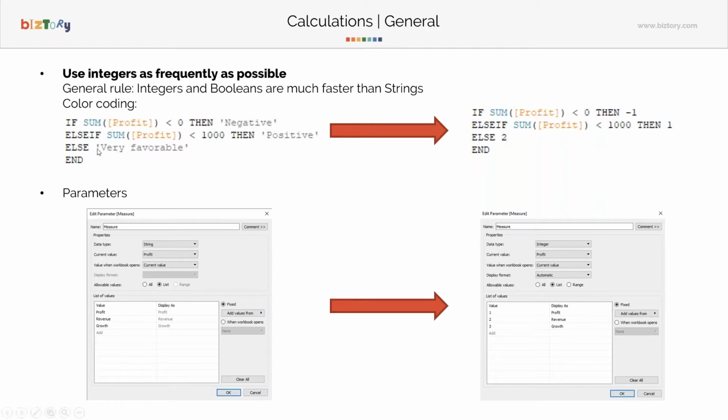That is a color coding, but instead of having that color coding as a string field, as a text field, you could either create a boolean, or create a color coding field where you change negative to -1, positive to 1, and very favorable to 2.